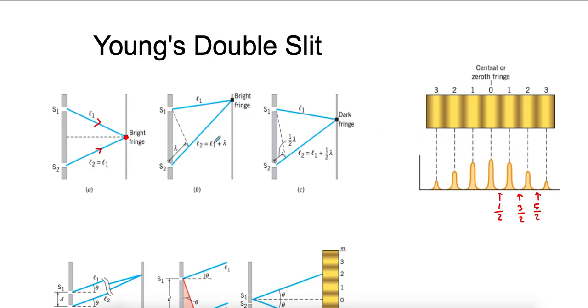In general, for the bright spot to happen, there has to be constructive interference, which means that the length this first ray travels and the length this second ray travels, they don't have to be the same, but when you look at the difference between the two, the difference should work out to be some number times the wavelength, right?